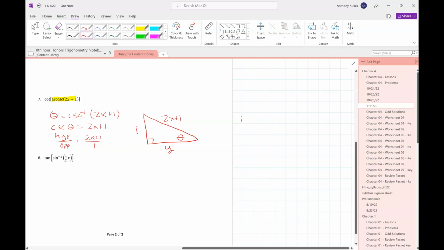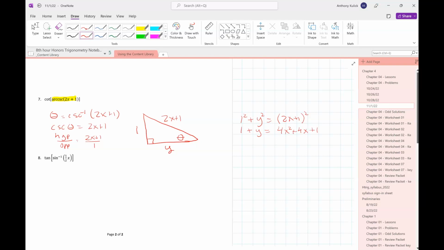So using the Pythagorean theorem, 1 squared plus y squared should equal (2x plus 1) squared. 1 squared is 1. (2x plus 1) squared is 4x squared plus 4x plus 1 when I FOIL that out. I just FOILed it in my head. Is that okay? Okay. So I can subtract 1 from both sides, and then we'll square root both sides.